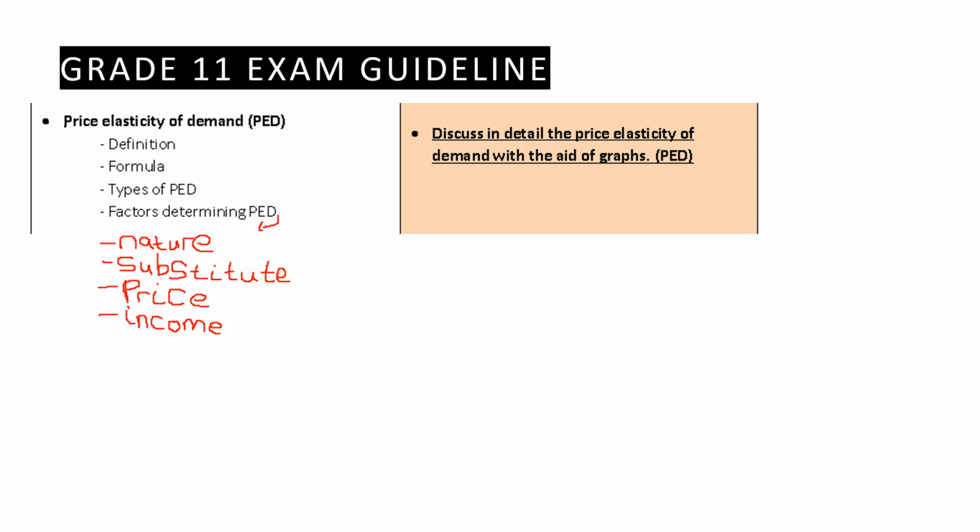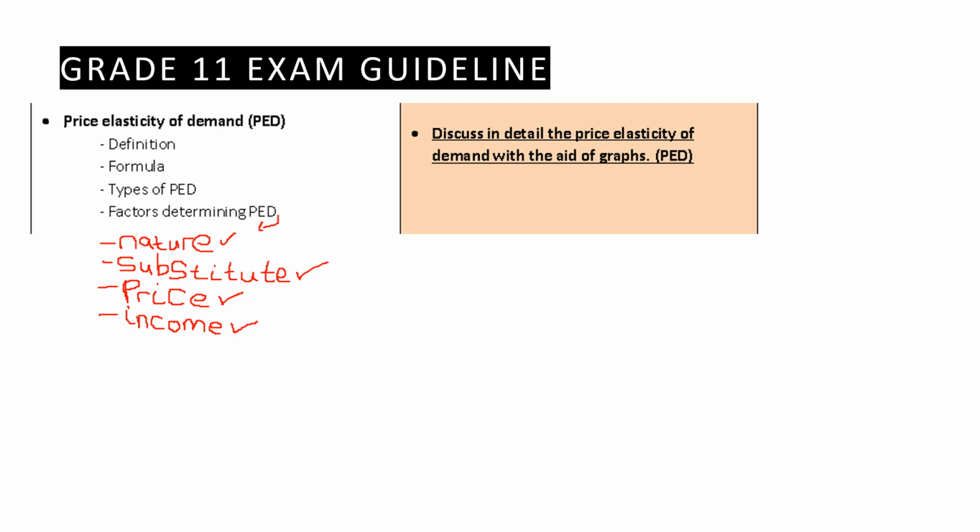If that so happens, then we are saying we have a relatively elastic demand. So these are the four factors that determine elasticity of various products. We have the nature of the product, the availability of close substitutes, the price level of that particular product, and then the income level in the economy.